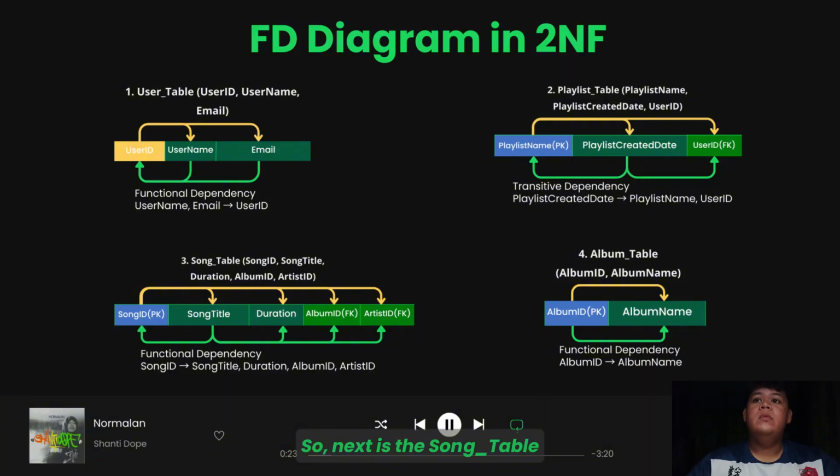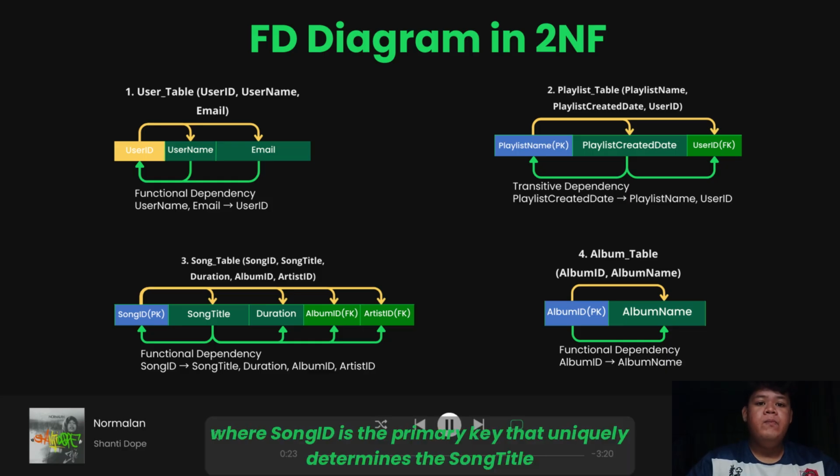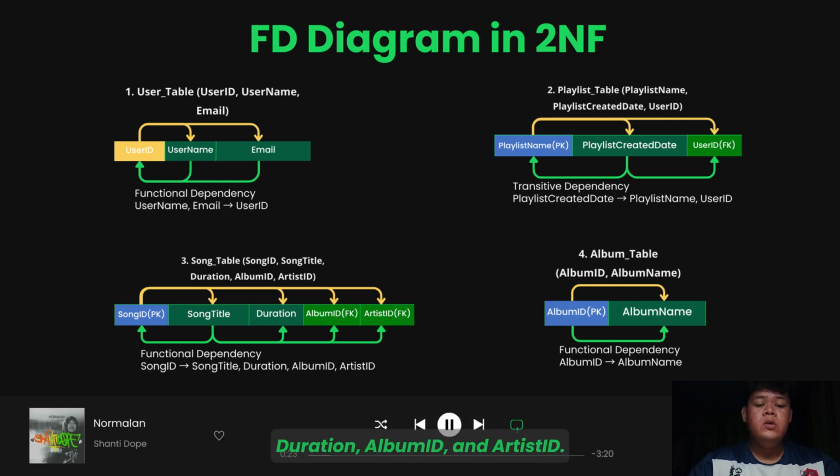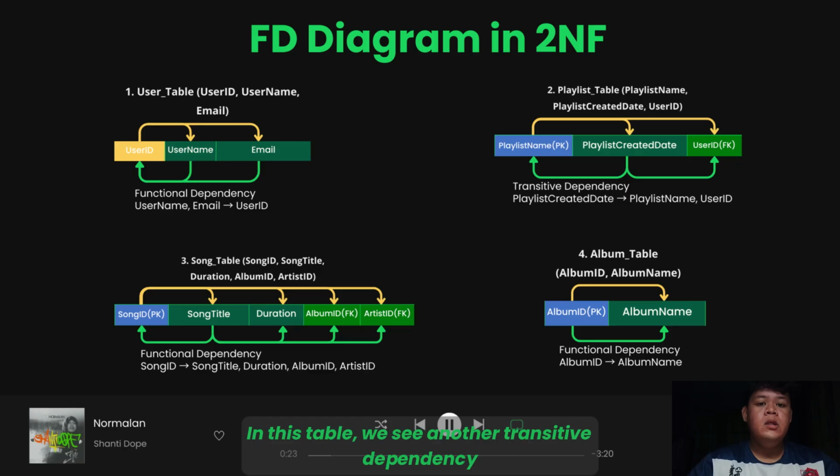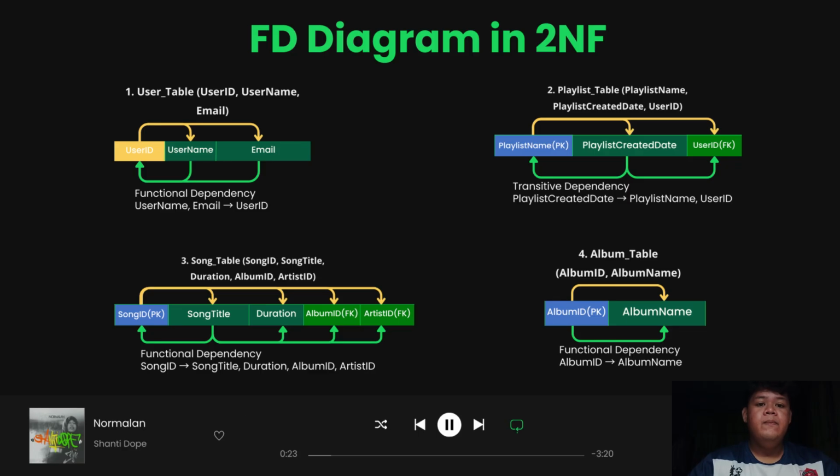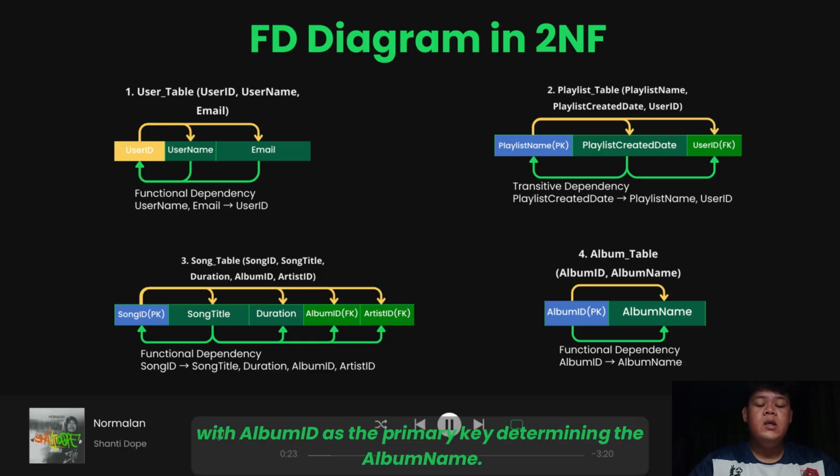So next is the song table, where song ID is the primary key that uniquely determines the song title, duration, album ID, and artist ID. In this table, we see another transitive dependency, since song ID also determines the genre. The album table follows with album ID as the primary key determining the album name.